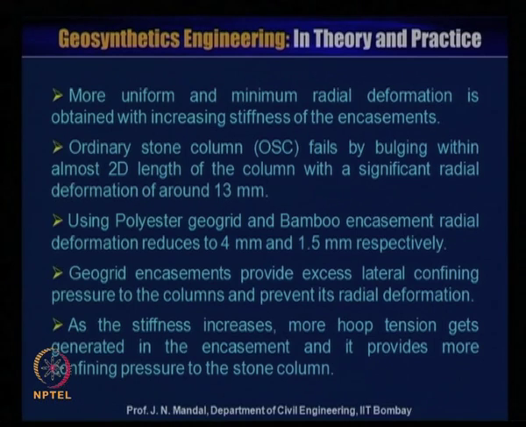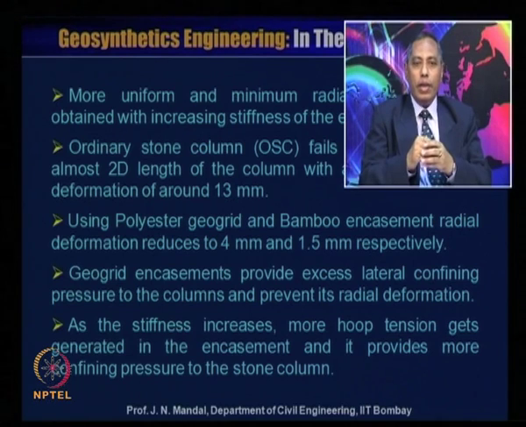The ordinary stone column OSC failed by bulging within almost 2D length of the column with a significant radial deformation of around 13 millimeter, whereas using polyester geogrid and bamboo encasement, radial deformation reduces to 4 millimeter and 1.5 millimeter respectively.